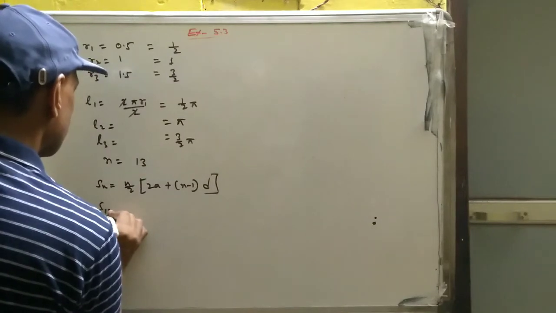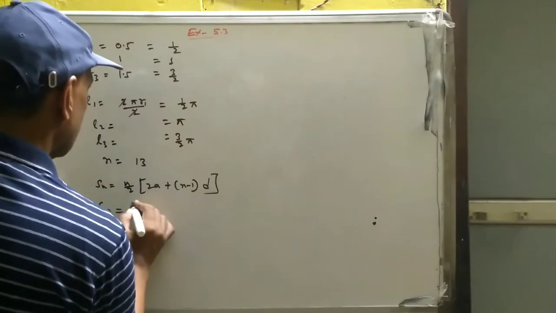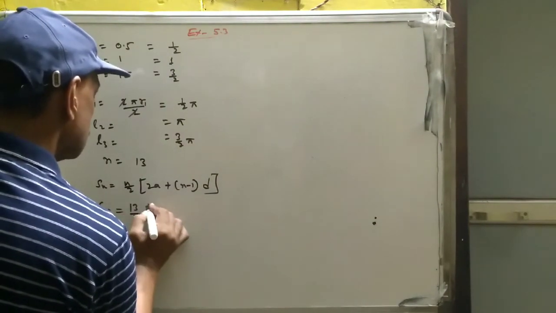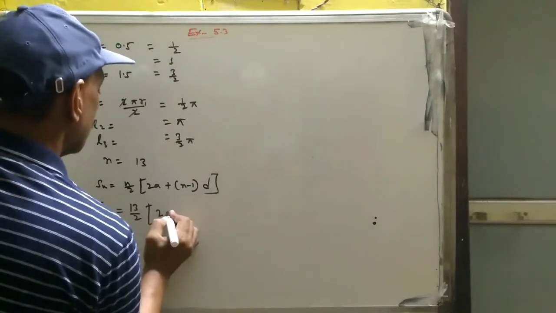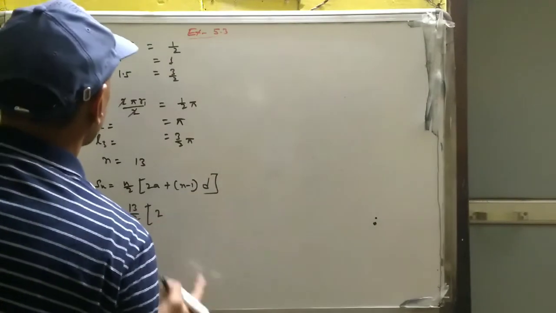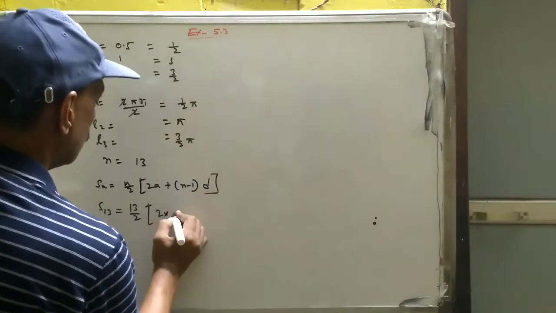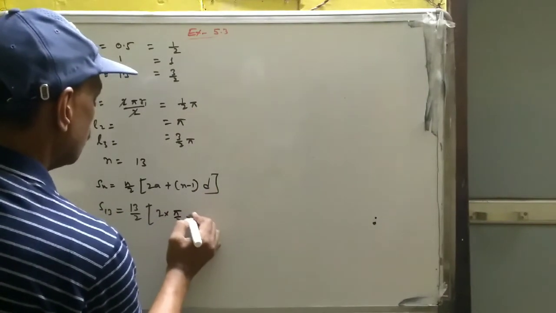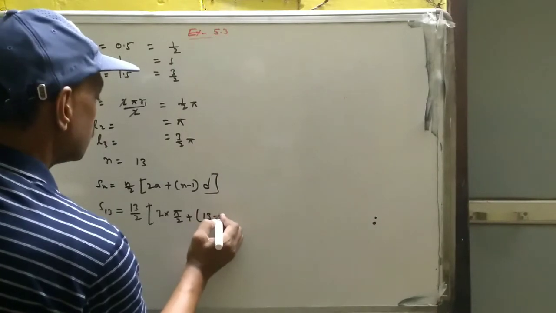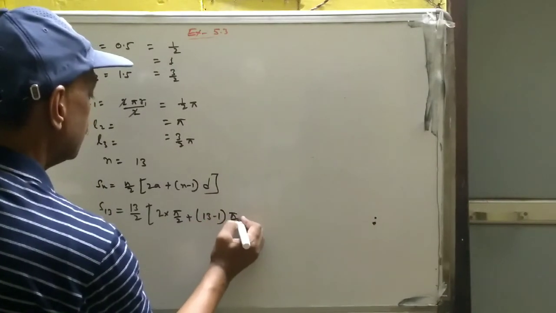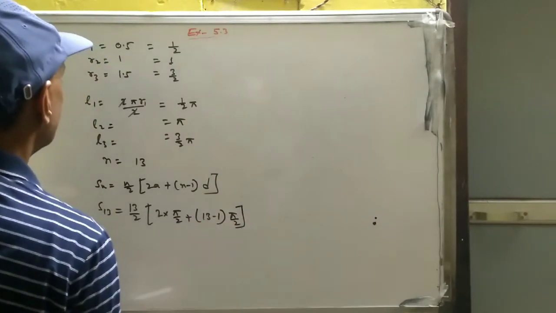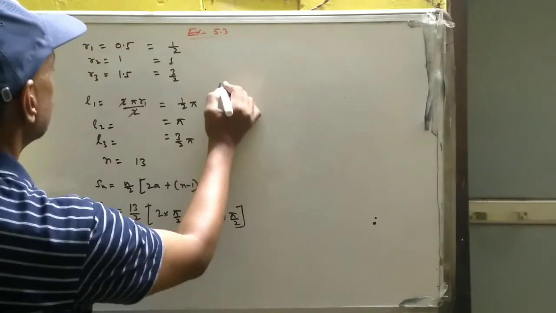So S13 is 13 by 2 into 2a, which is 2 into pi by 2, plus n minus 1, that is 13 minus 1, and d is pi by 2. Have you got d? No. So just get the d here.